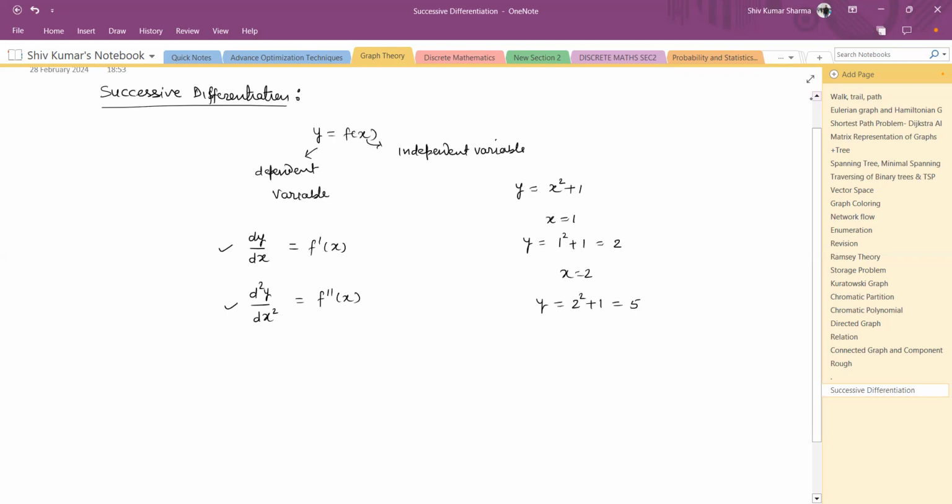The definition of successive differentiation is that the process of finding differentiation again and again is called successive differentiation.